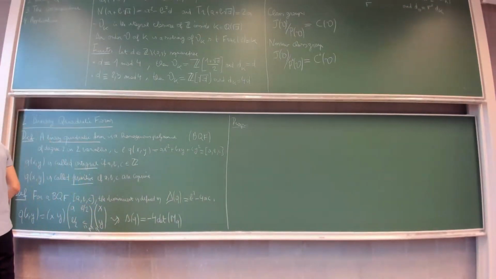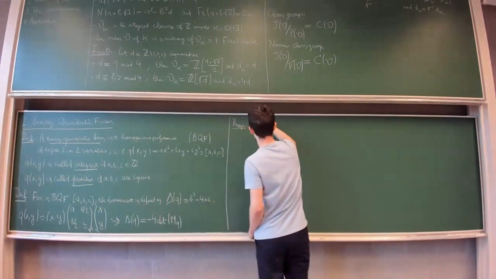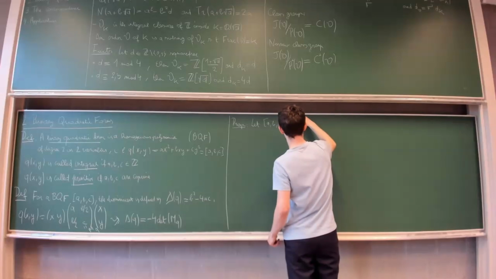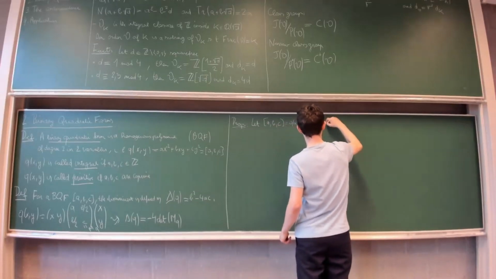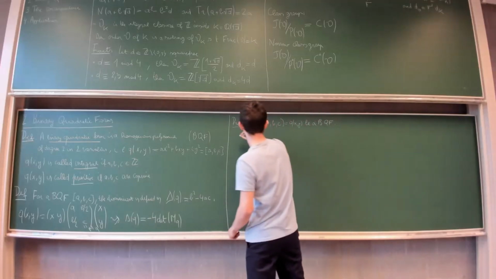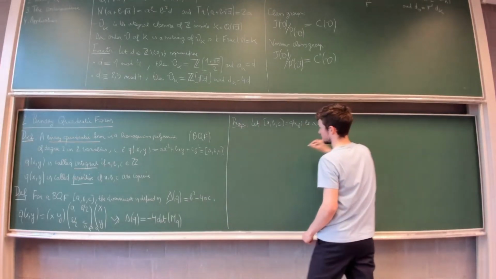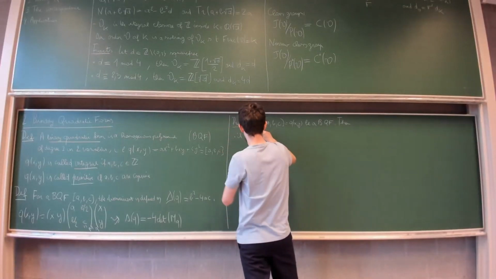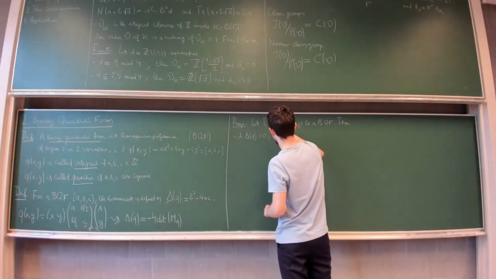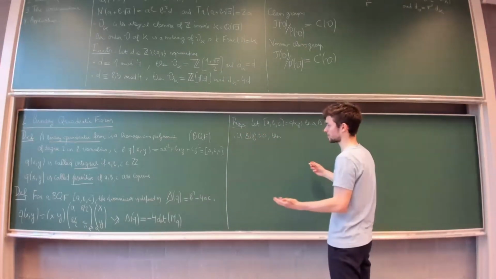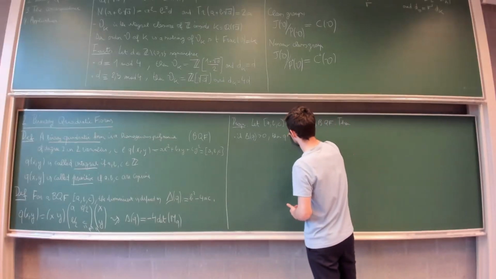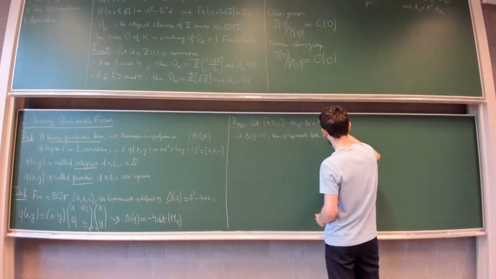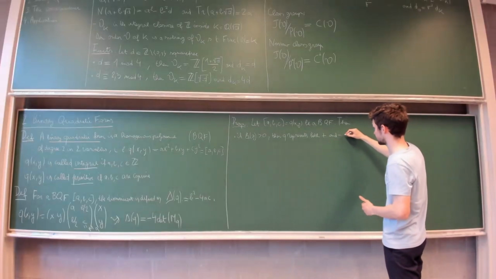So that's ABC, the binary quadratic form. Then, if the discriminant of Q is bigger than 0, then Q represents both positive and negative integers. I mean strictly positive and strictly negative integers.